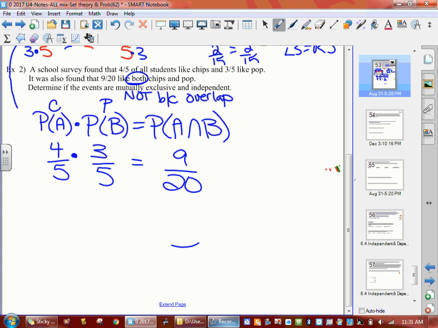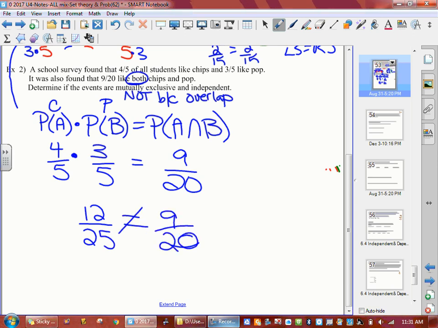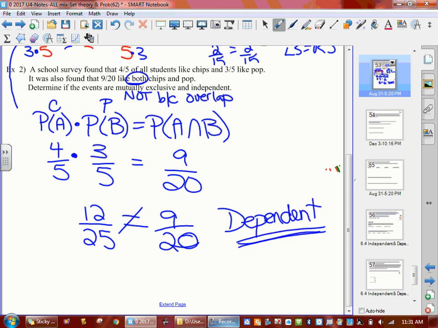Well, if I multiply these, I'm going to get 12 in 25, which is not equal to 9 in 20. So that means it is dependent, because the left side did not equal the right side.